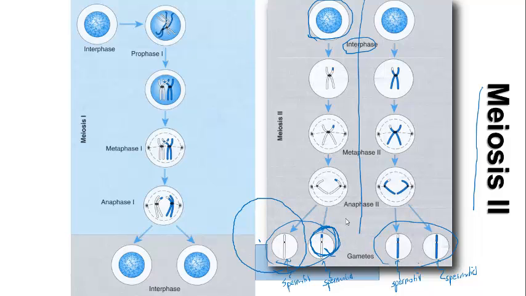And what is this second cell that results? What is it called? All right, well, I'm glad you asked. This guy right here is going to be the egg.